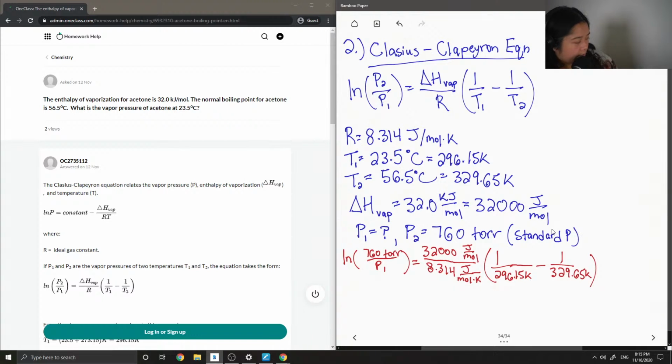Okay, so if you plug all these values into the calculator, you want to make sure you do what is in brackets first. I would personally do the 1 divided by 296.15 separately, and then minus 1 divided by the 329.65. And after solving for that is when I would multiply it by 32,000 and then divide by the 8.314.